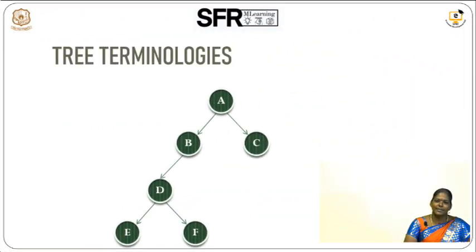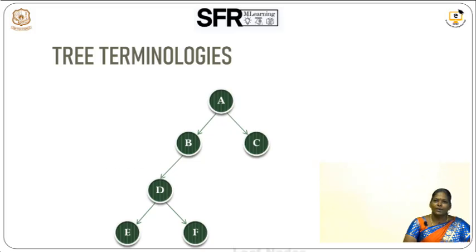The terminologies that are used in trees are as follows. The first one is the root. The root is the topmost node which is available in every tree. Next is the parent and children. Who is the parent? The parent is the topmost node, and children are the two sub branches that emerge from that parent.